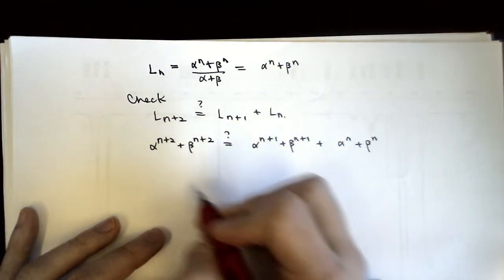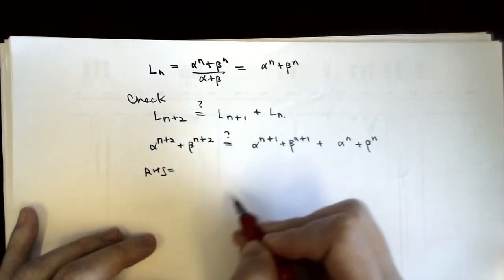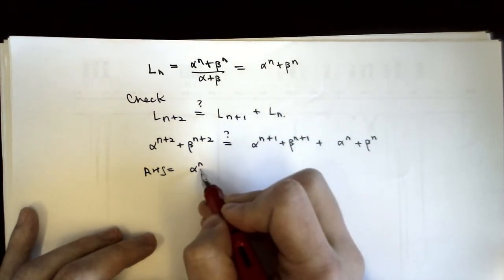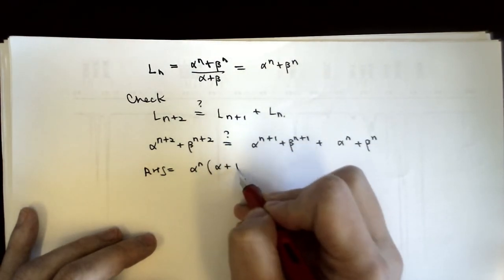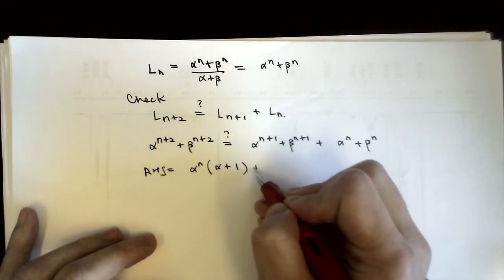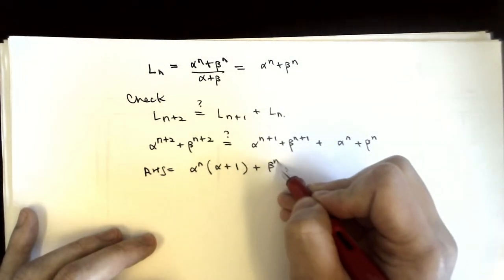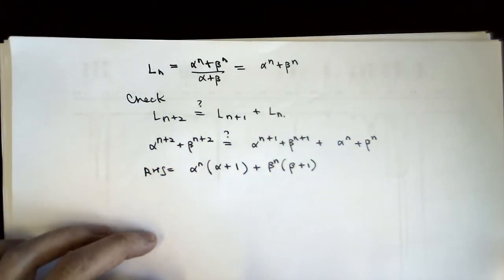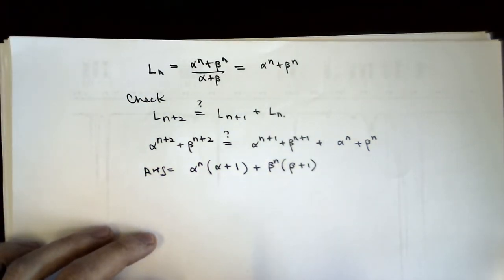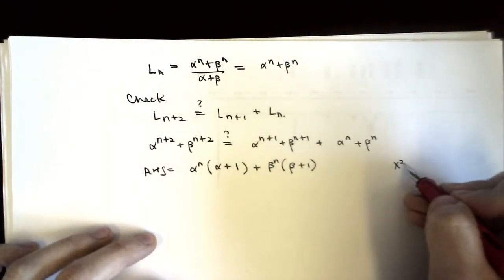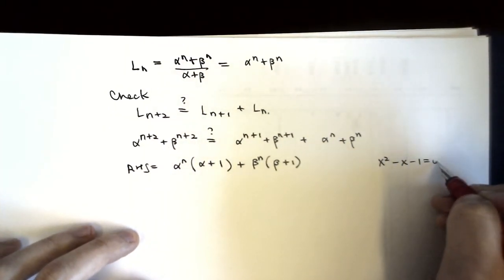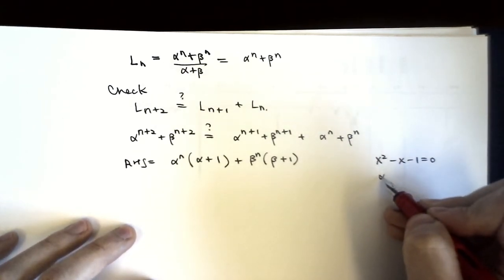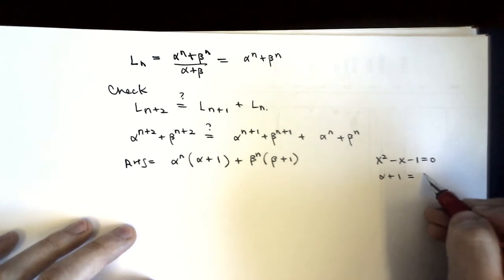Now on the right hand side, we can factorize alpha to the power of n, and we know x squared minus x minus 1 is equal to 0. Since alpha and beta are the roots, alpha plus 1 is just equal to alpha squared.